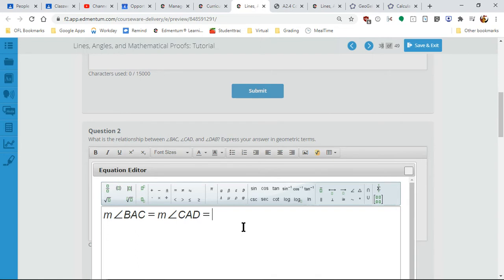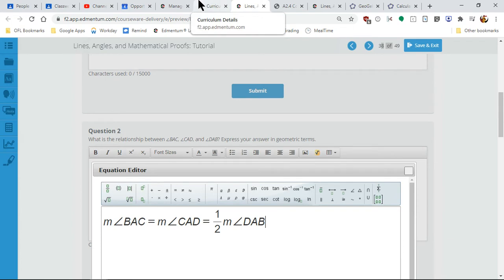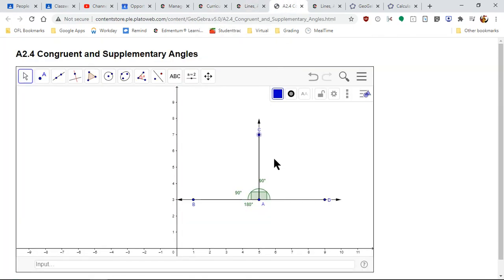Either one of these is equal to half of the measurement of angle DAB. I'm basically saying that these two angles equal each other, and either one of those angles is equal to this.